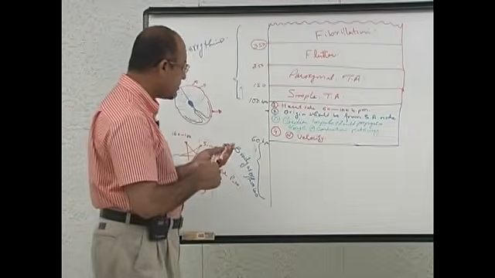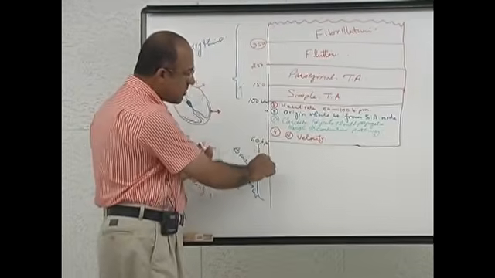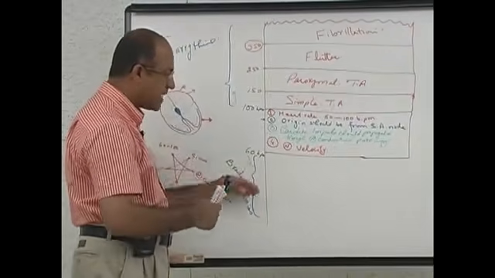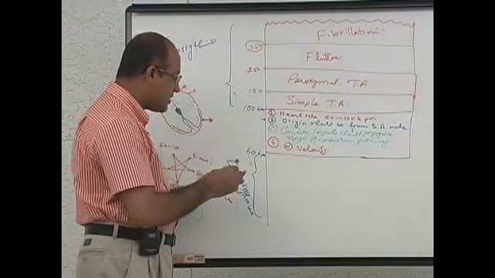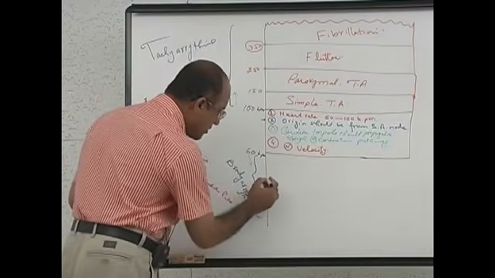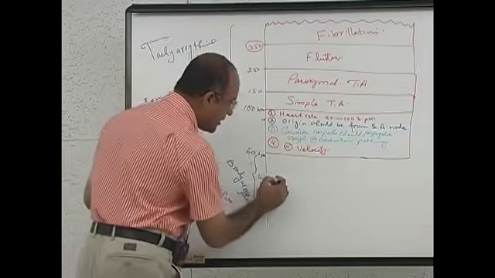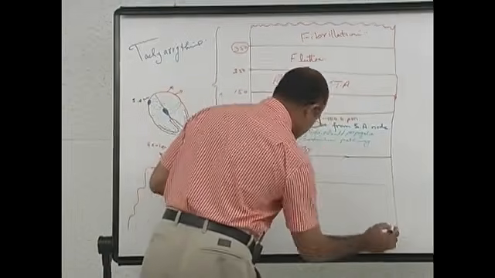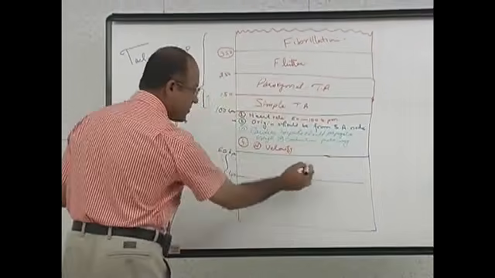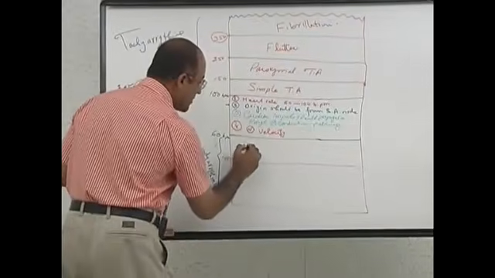Then, one thing more, when heart rate becomes less than 60, we call them bradyarrhythmias. If it is somewhere between 40 and 60, these are called mild bradyarrhythmias.